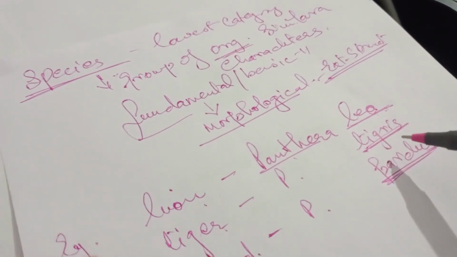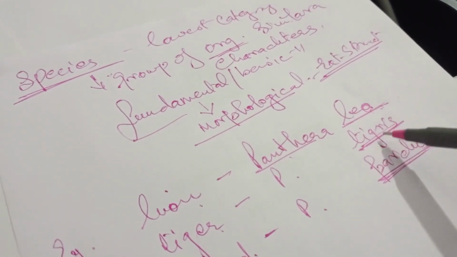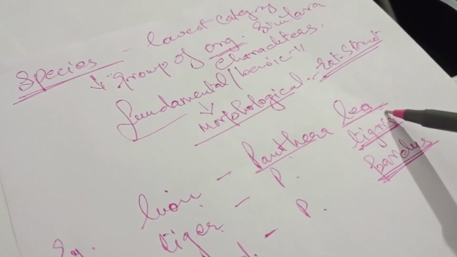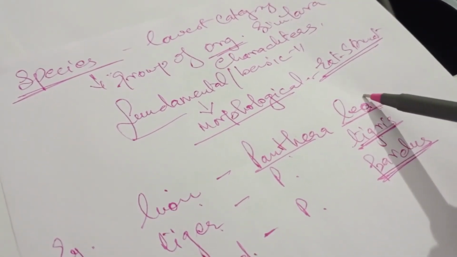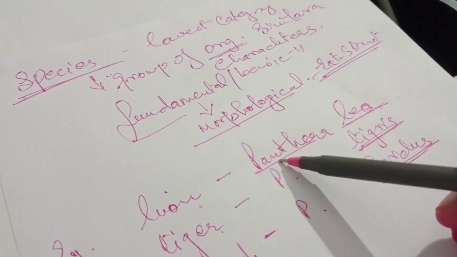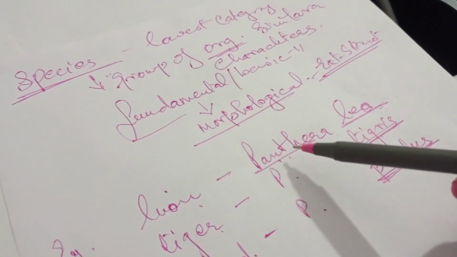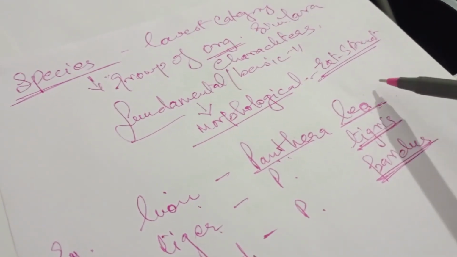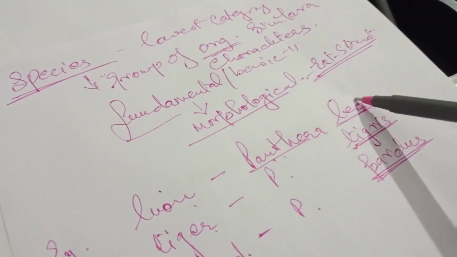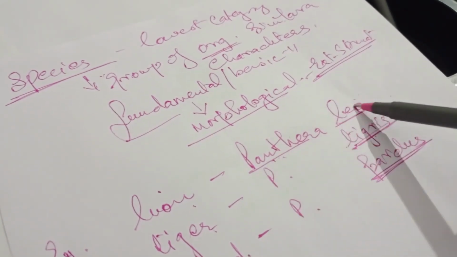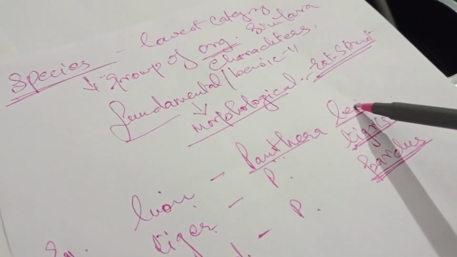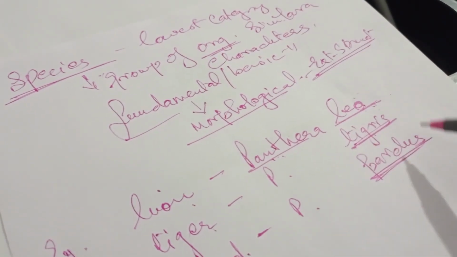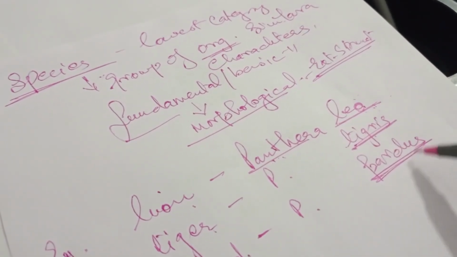All the lions are grouped into the same species, called leo, and combined with the genus Panthera they form a complete name. Only the species name will not form the complete name. The complete name includes genus as well as species. So Panthera leo means all the lions, Panthera tigris means all the tigers, and Panthera pardus means all the leopards.